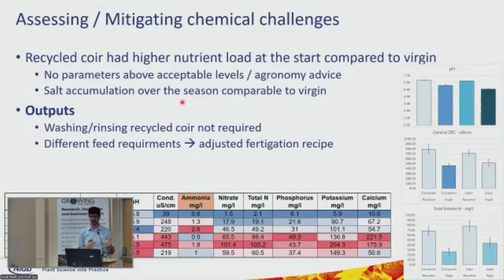We have higher conductivity overall, but the increase in conductivity, for example, in the Everbearer, was pretty much the same across the season, when you had to flush both virgin and recycled. And you had higher amounts of total nitrogen, phosphorus, potassium, and other things straight at the beginning of the season in recycled coir compared to virgin. So what that means is that the levels are fine.